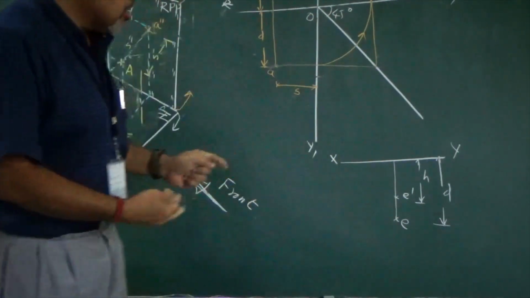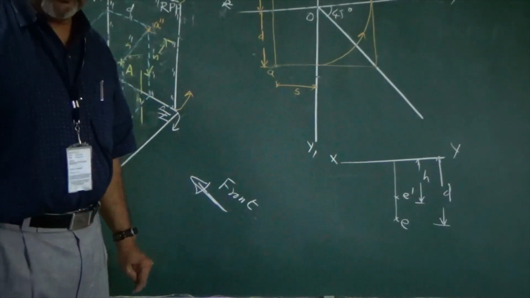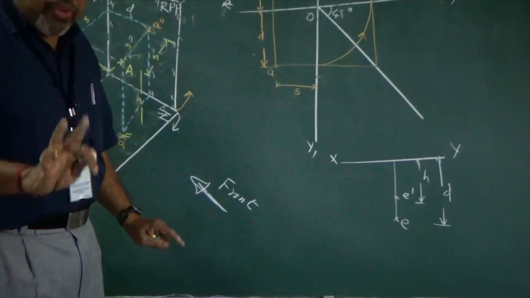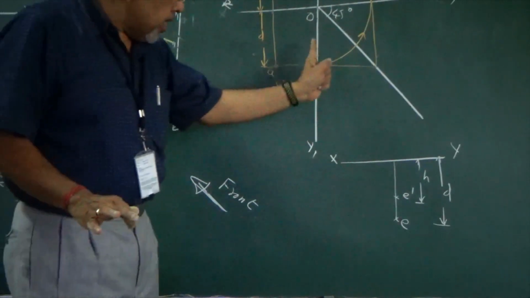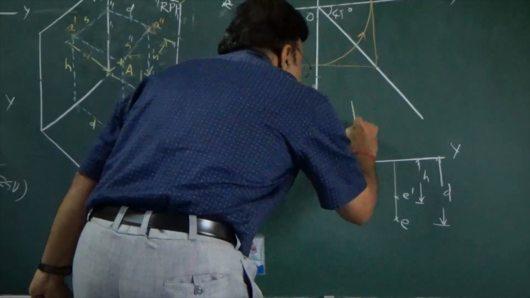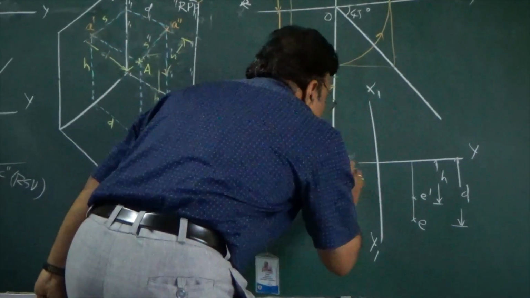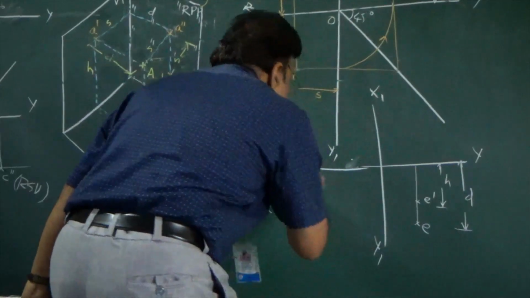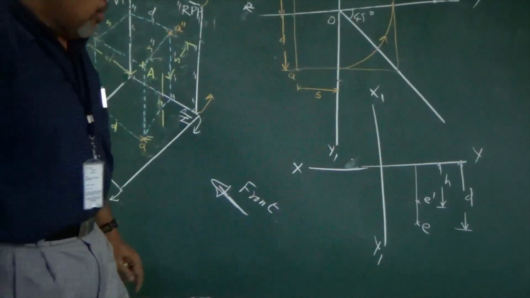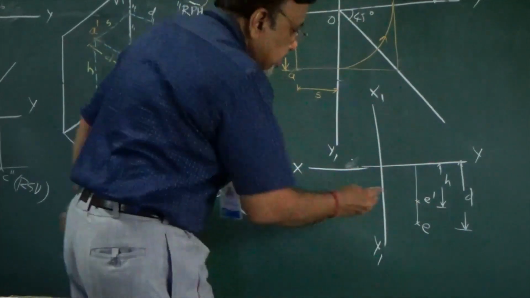Okay, now I want to draw this. Let us say I want to project onto my left profile plane. So where is the left profile plane? The left profile plane always has to be onto the left side of the top and front view. So I will consider it here. Let us say this is x1, y1. Now, as usual, wherever there is a front view, I should get the side view.